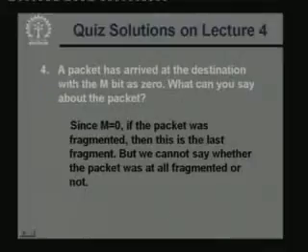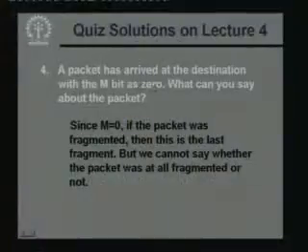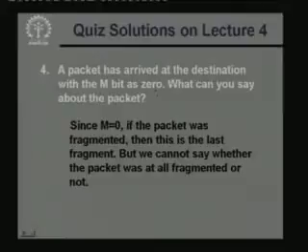4. A packet has arrived at the destination with the M flag bit as 0. What can you say about the packet? Well, recall that the M bit in a packet is used for the purpose of fragmentation and assembly. It is a more fragment bit. If M is equal to 1, it means that this is not the last fragment of the original packet, there are more which follow. So, if the M bit is 0, it means that there are no more fragments following this.